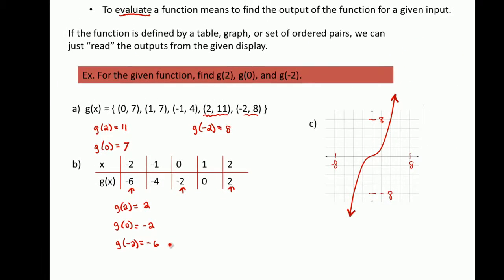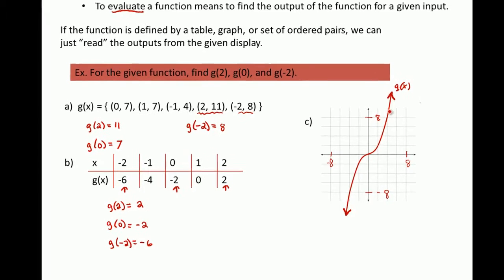So we've looked at our function in the form of a table and a set of ordered pairs. How about a graph? Here, this graph shows the function g. Remember, all the points on the graph are the ordered pairs that are in the function.